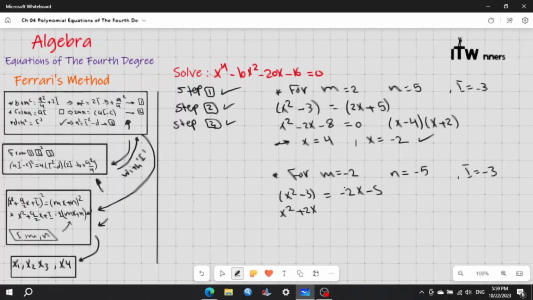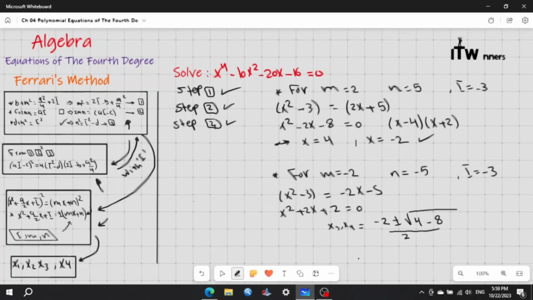Just we will obtain x3 and x4 equal to -2 plus or minus the square root of 4 minus 8, okay, divided by 2.